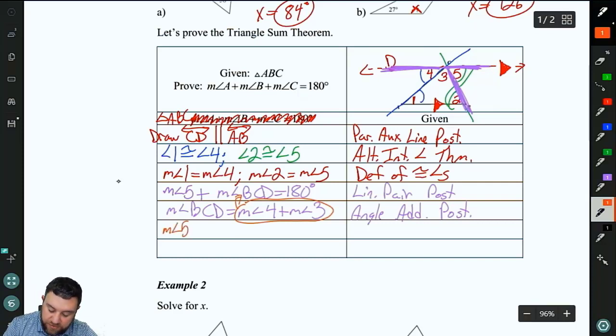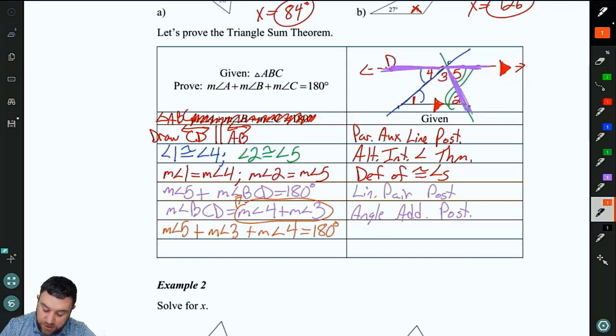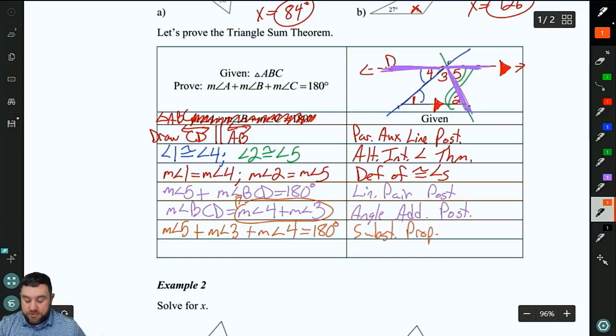So now we have angle 5 plus angle 3 plus angle 4 equals 180 degrees. That tells us that these 3 angles add up to 180 degrees. And that was the substitution property, because we substituted 3 plus 4 for BCD.